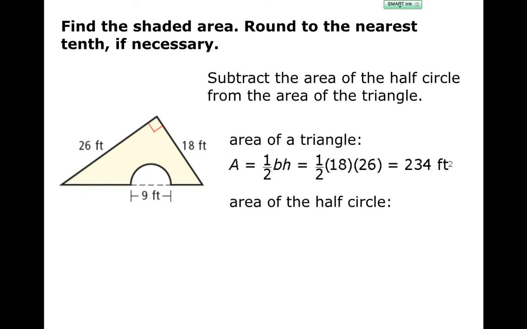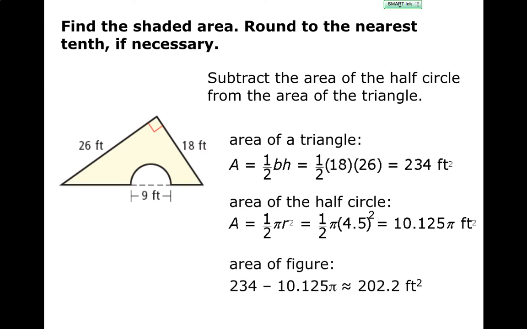The half circle, I haven't multiplied by pi yet, so if I did, it would be like 30 something. Half of a circle is what you're subtracting. I'm going to subtract it, not add it. It's not a bubble on the outside of the triangle, it's part of it taken away. So I had 202.2.